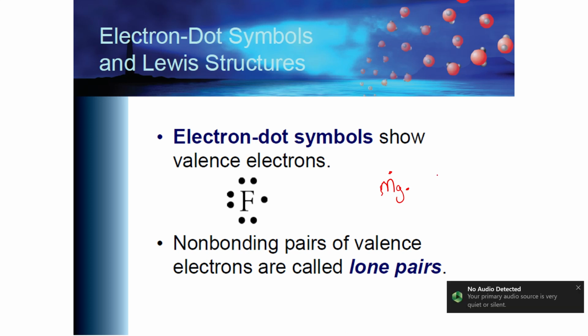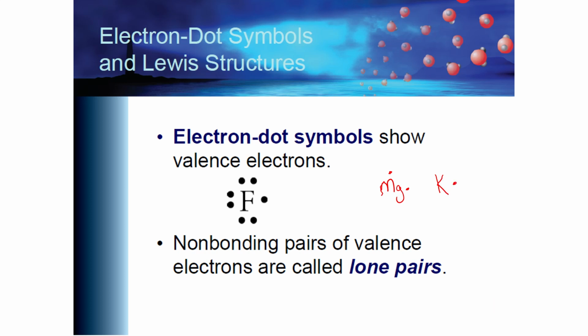Potassium is in group 1A, so it's going to have 1 valence electron. Oxygen is in group 6A, so it's going to have 6 valence electrons: 1, 2, 3, 4, 5, 6. I like to do that 4 corners method, going around clockwise.